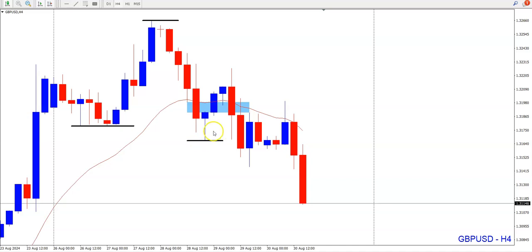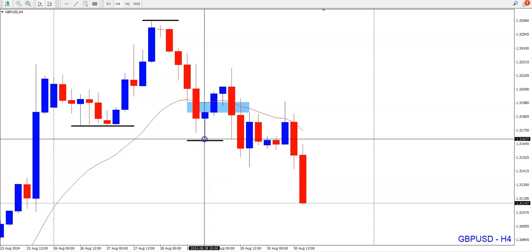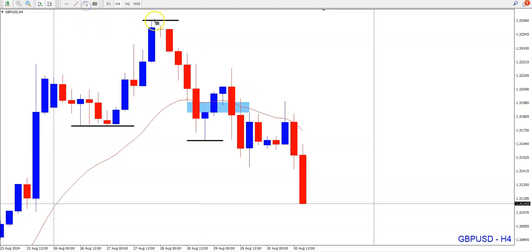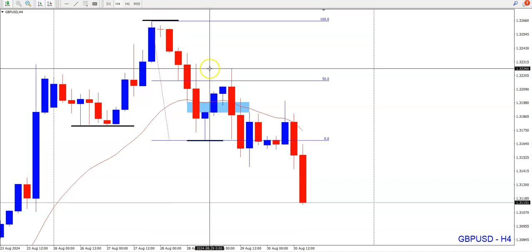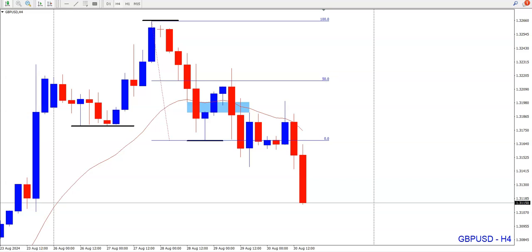So what is the confirmation for a possible structural shift on the 4-hourly time frame? We need to have this retracement, and we got retracement. If you measure from the swing high to the swing low, we got this retracement exactly to the discount area. So we had this swing high, the market pushed to the downside, we had a lower low, and then the market retraced into the discount area.